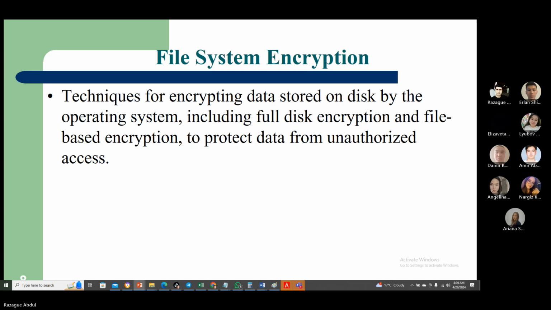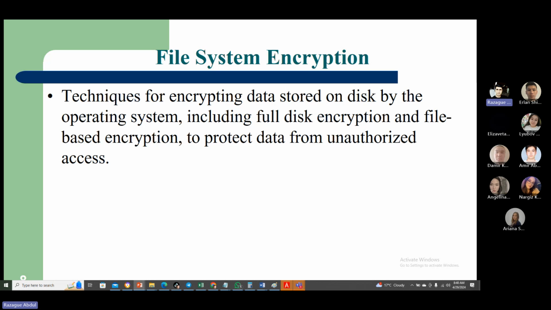First, performance overhead. Encryption can introduce a performance overhead, particularly full disk encryption, which may impact the system speed. The second challenge is key management complexity.